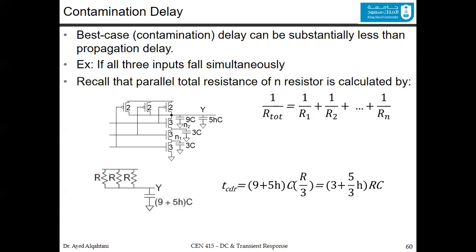From this, we can apply it here. 1 over R total is 1 over R plus 1 over R plus 1 over R, which is equal to 3 over R. You flip and you get the R total equal to R over 3. So you have only one path, which is 9 plus 5HC times R over 3, which is basically this amount. And this is the way you get the best case delay.